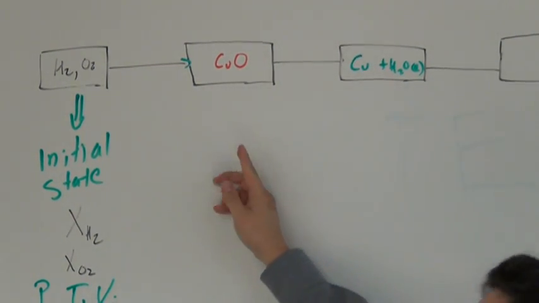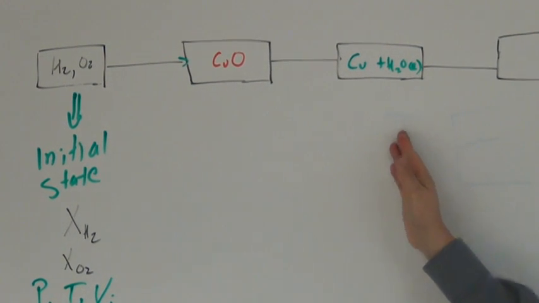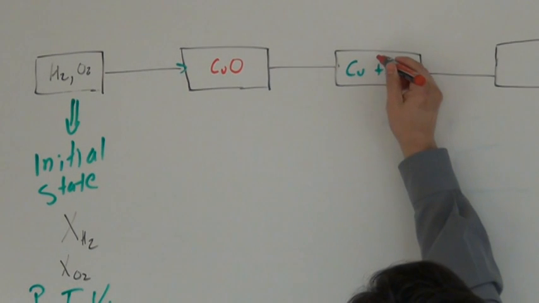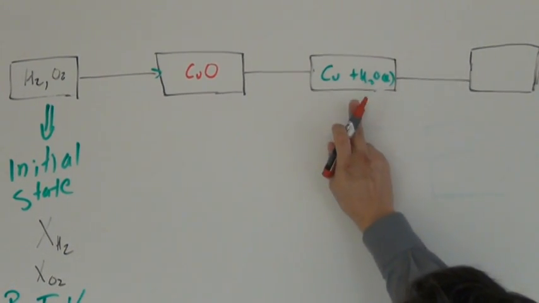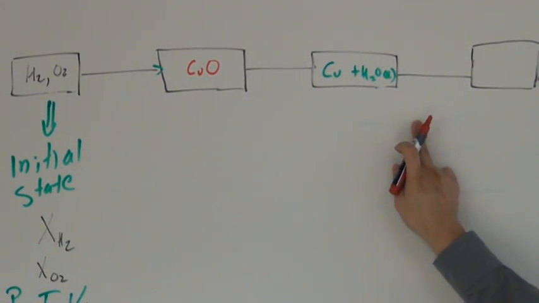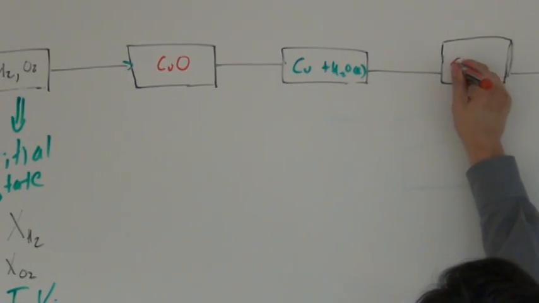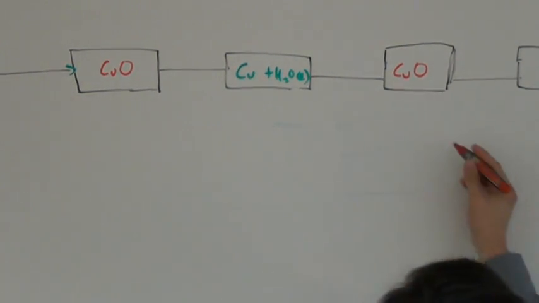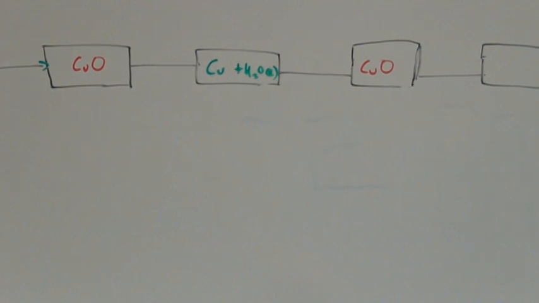The species reacting are copper oxide and hydrogen. So a reduction reaction takes place, and you still have oxygen that did not react. The oxygen that is present will then reoxidize this copper to form back copper oxide, the major product there.